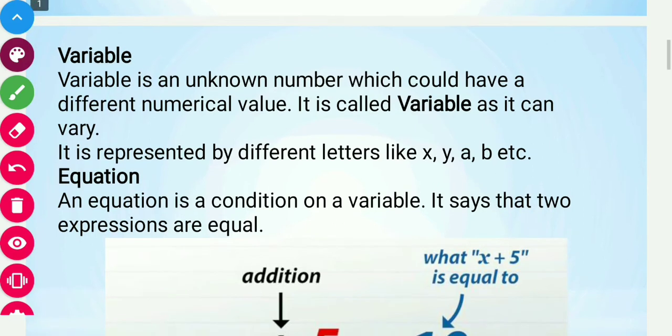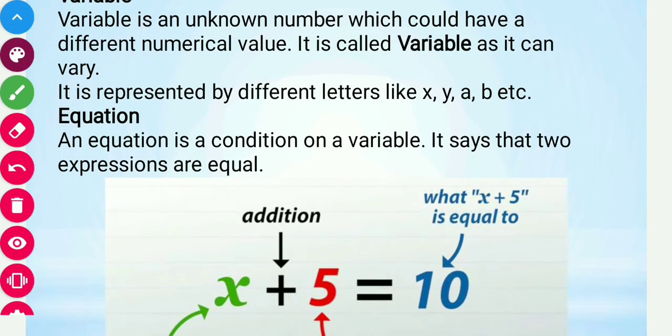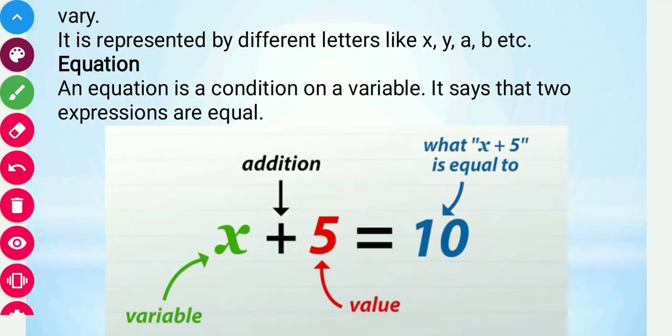So friends, what are equations now? An equation is a condition on a variable which says that the given two expressions are equal. An equation states that one expression names the same number as another expression, and very important, it contains the sign of equality.